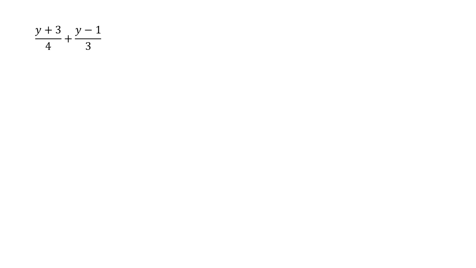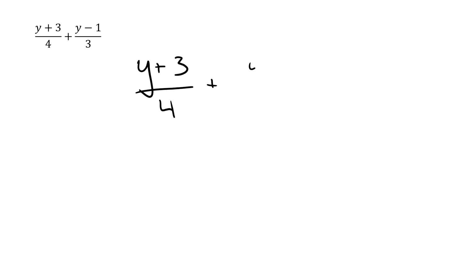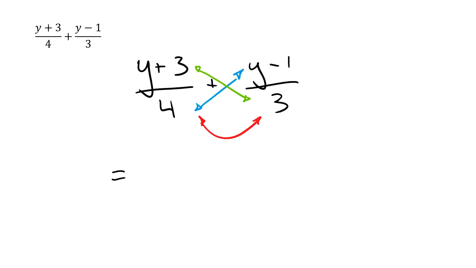And we're going to do our last one here. Again, as always, draw your arrows. Now, before I go into doing the multiplications for this one, I want to show what we're doing. So we have 3y plus 3 over here.